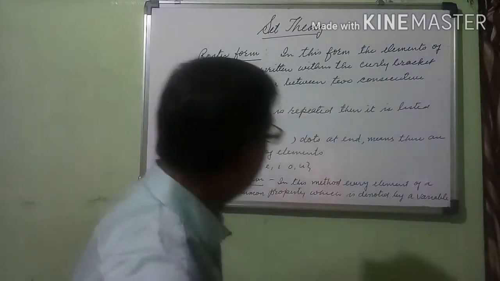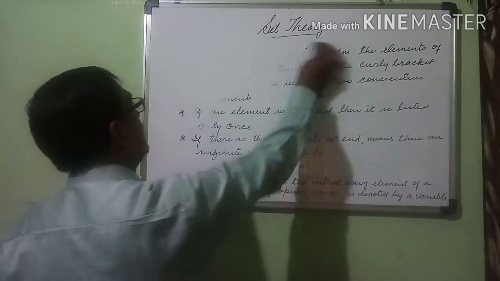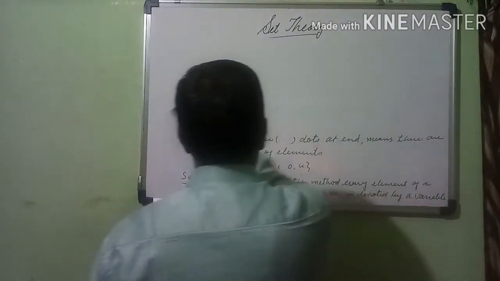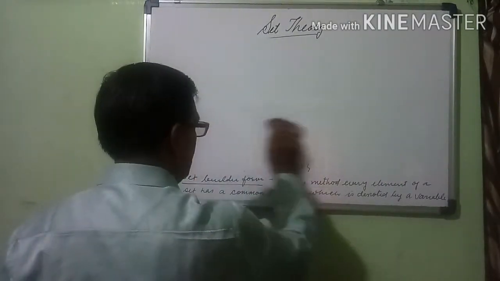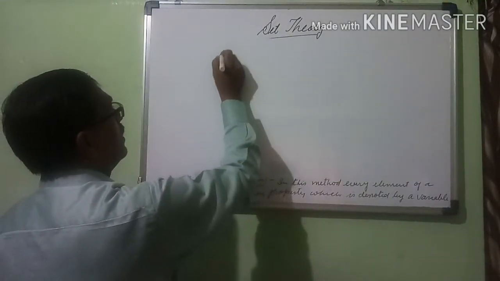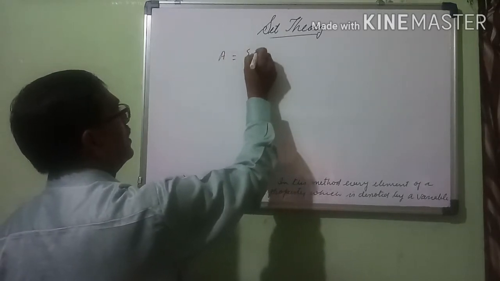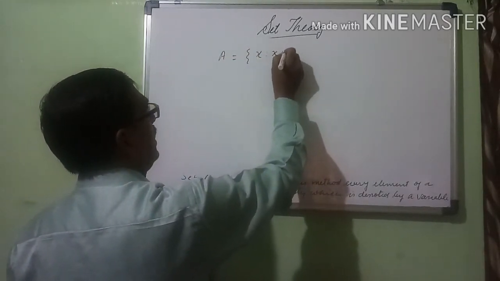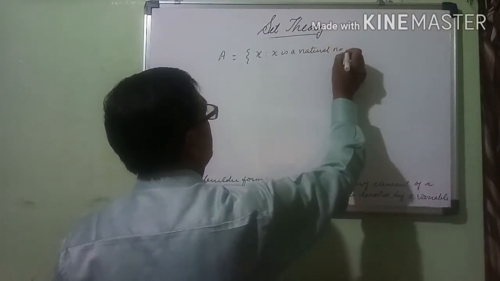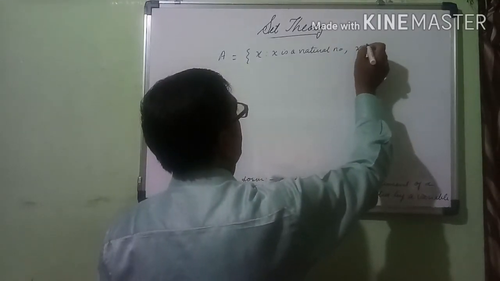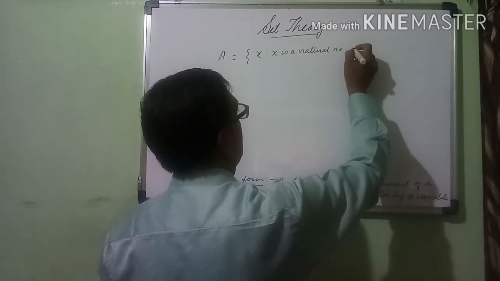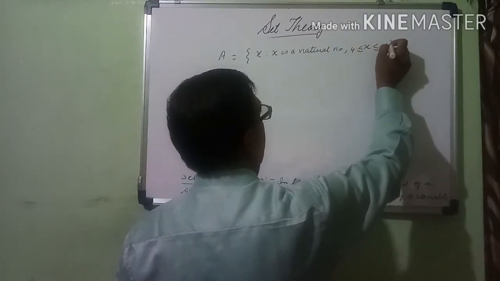I'll just give an example. A is equal to {x such that x is a natural number and x is greater than or equal to 4 but less than or equal to 10}.